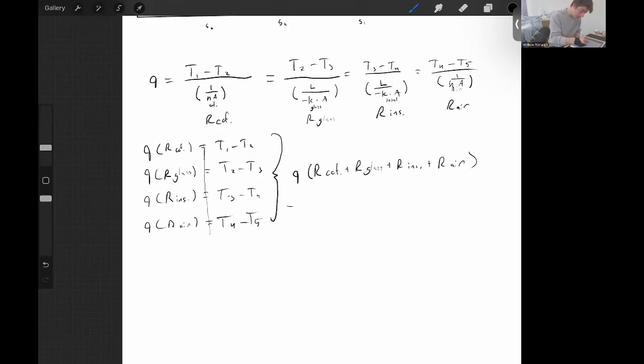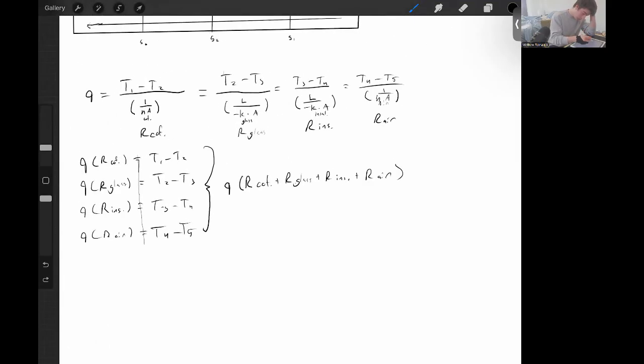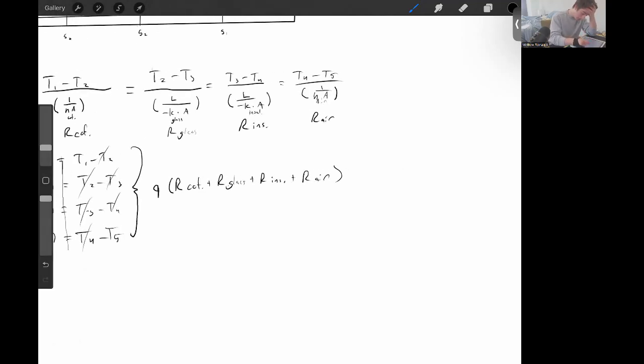So we have that on one side. On the other side, if we add T1 minus T2 to T2 minus T3, T2 actually cancels out, T3 cancels out, and T4 cancels out. All that we're left with is T1 minus T5. So if we want to simplify this, we can say Q times the total resistance equals T1 minus T5.